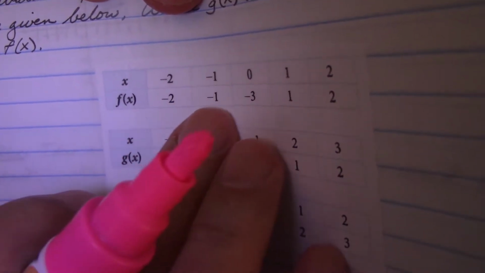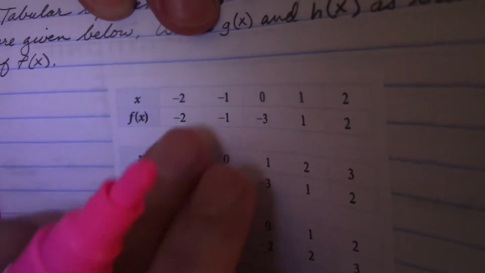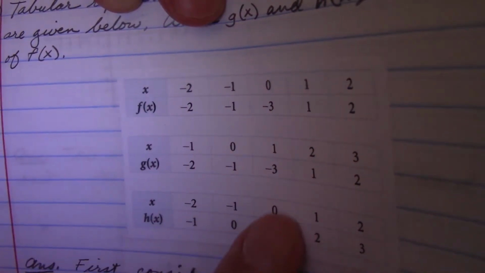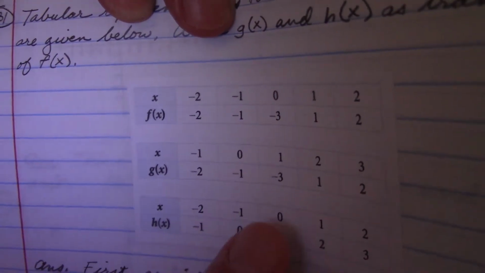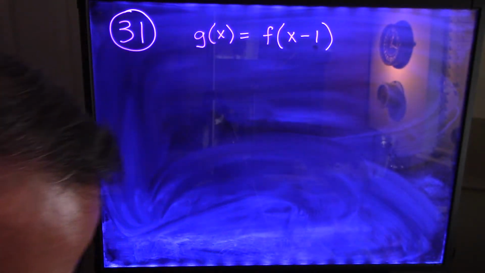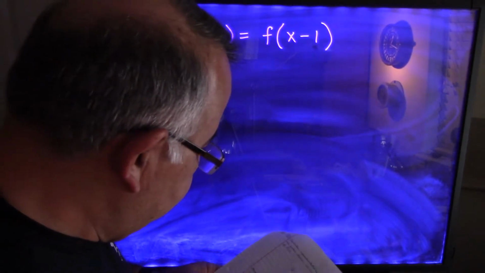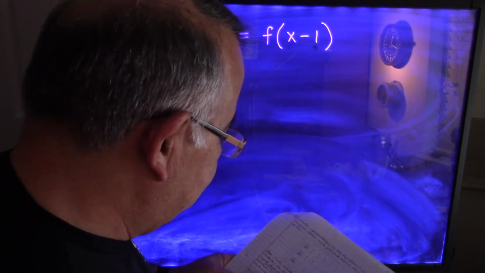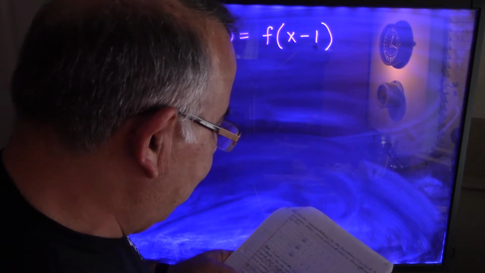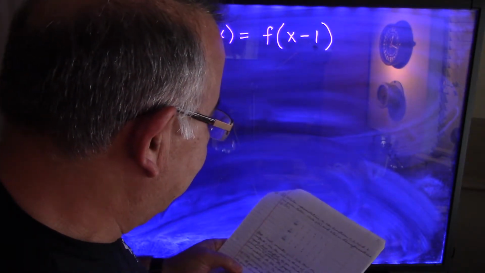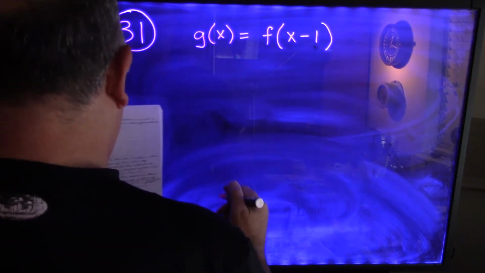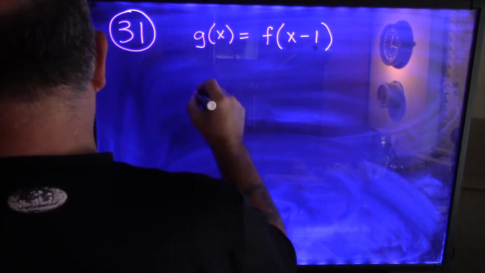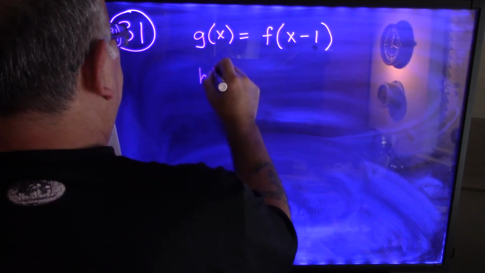Basically, you're adding 1 to each of these y values in f of x, or the outputs. You're adding 1 to the outputs. Okay, so in other words, if you add 1 to each of the y coordinates in the original function, that's like shifting it up 1 unit, shifting f of x up 1 unit.